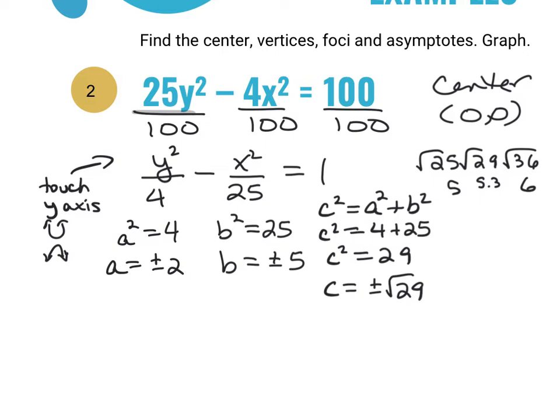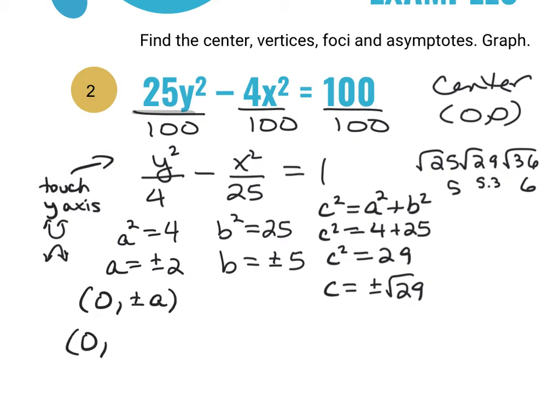All right, we need to find the vertices. Again, when the center is at 0, 0, we're adding our a value to get that vertex to the center, which is 0. Again, the first variable we saw was y, so we're adding a to the y. So our vertices are really 0 plus and minus a.